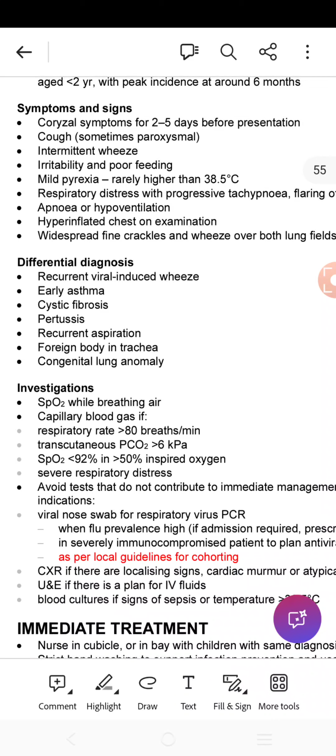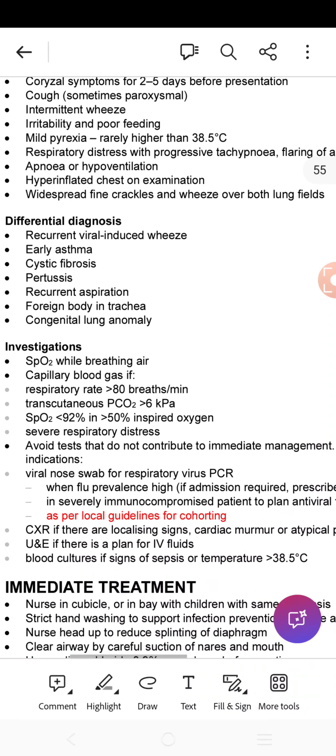But before this, I want to discuss the indications of admission in bronchiolitis. Admission is indicated if the child has signs of respiratory distress, like a respiratory rate of more than 60 with subcostal or intercostal recession, if the child cannot maintain his oxygen saturation on room air, or if the child is not able to take feeds up to 70% of his requirement. If the child takes less than 70% of his requirement, in these conditions there is an indication of admission.